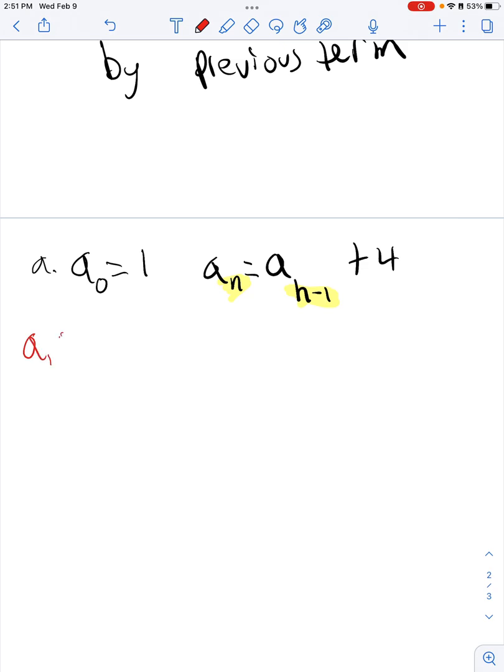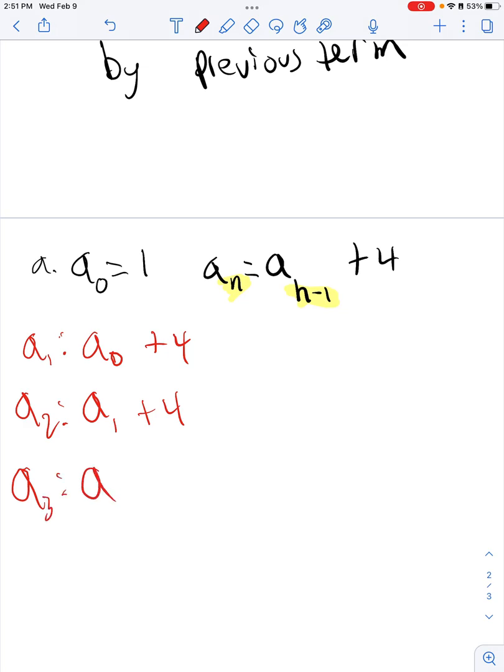So to find a sub 1, I take a sub 0 and add 4. To find a sub 2, I take a sub 1 and add 4. To find a sub 3, I take a sub 2 and add 4.